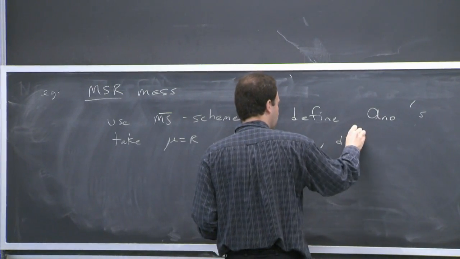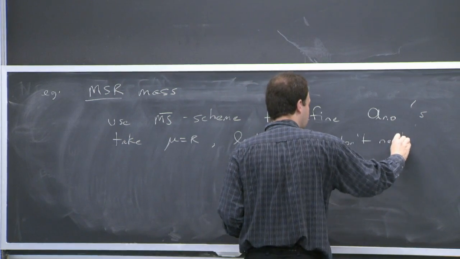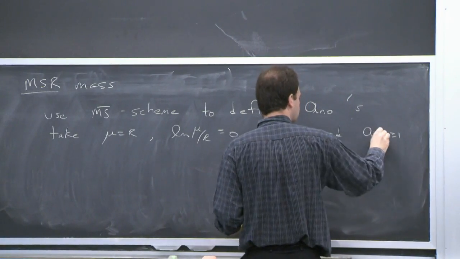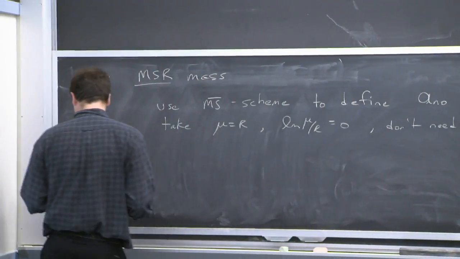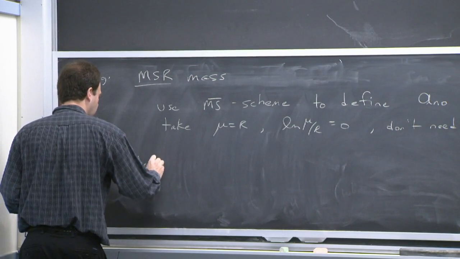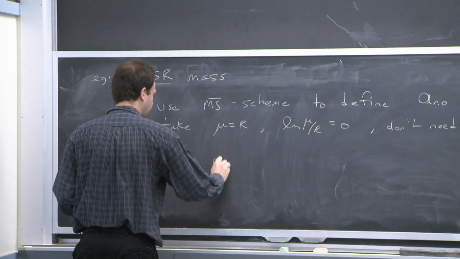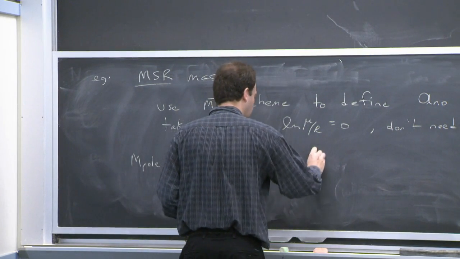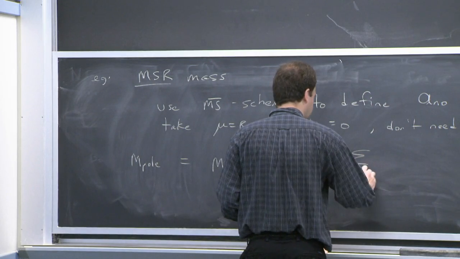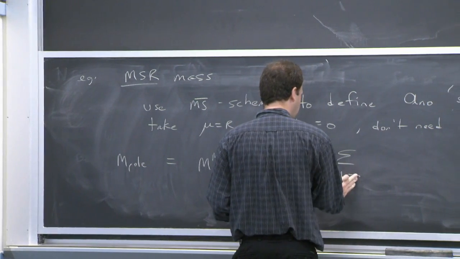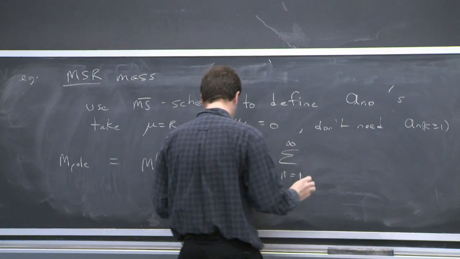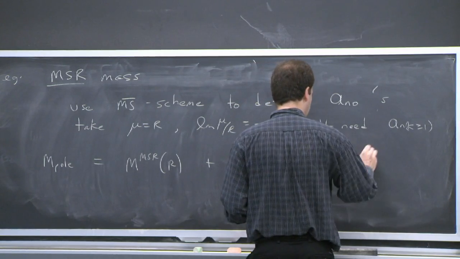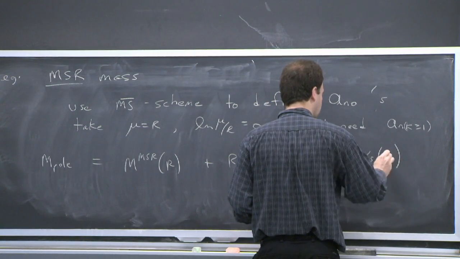And then we don't need any of the other A's. So then we have a definite formula that looks as follows. We're tweaking the MS bar result, if you like, so that instead of having a fixed scale, it has a floating scale.